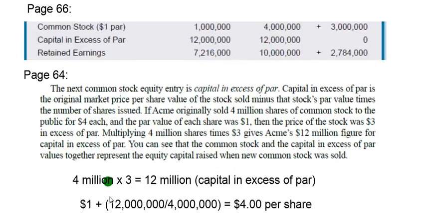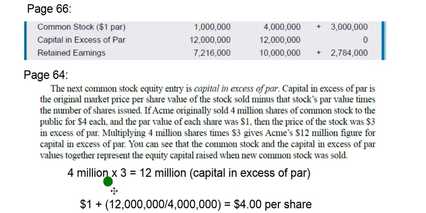So we simply say, 4 million times 3 is 12 million in excess of par. This $12 million figure is the amount that the company received for the total stock that they sold in excess of its $1 per share par value. Because if we computed the total value, it would be 4 million shares times $4, which would be 16 million.